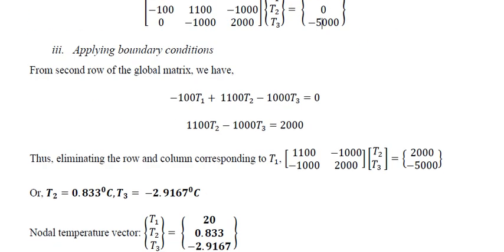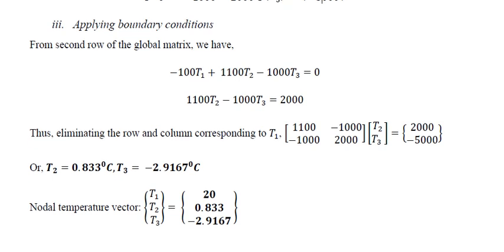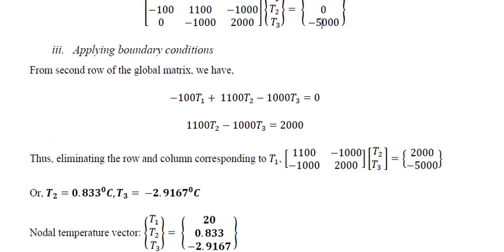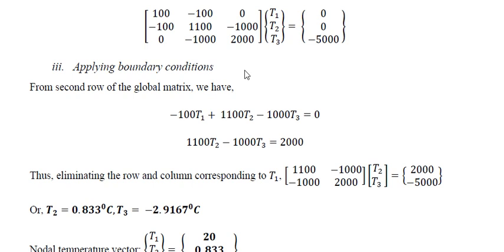Now we have to apply the boundary condition. How to apply the boundary condition? Listen here carefully. Now T1 is known, so we should try to eliminate the first row and first column. How should we eliminate?